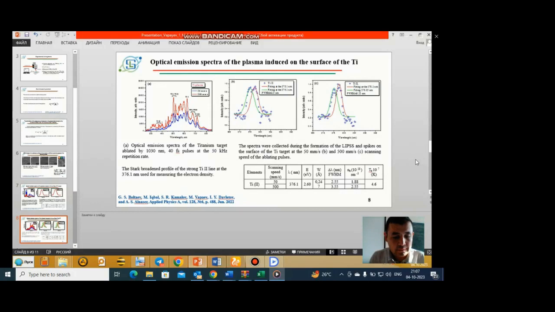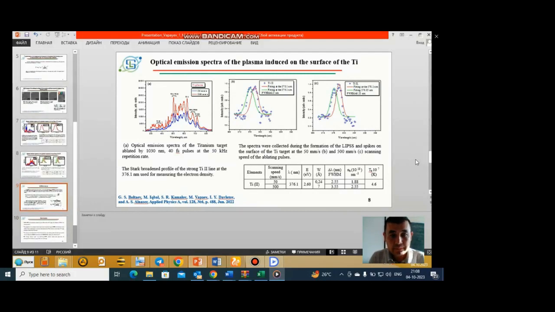The table shows the calculated values of the electron density and temperature for the titanium II ions, respectively.